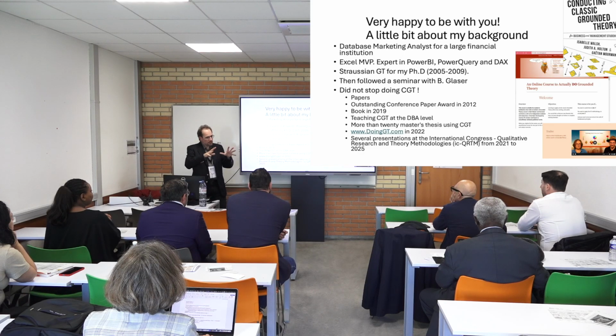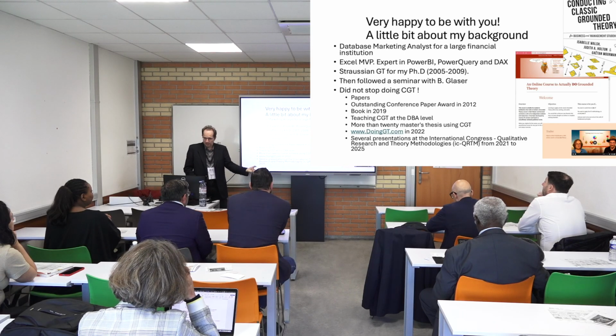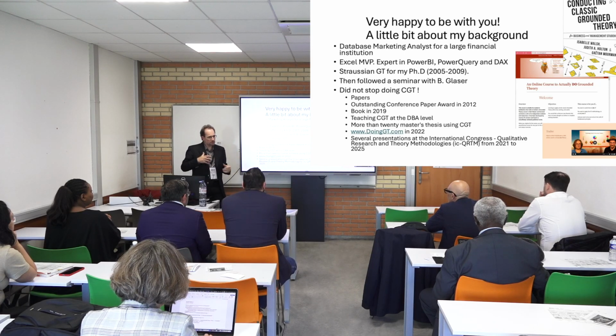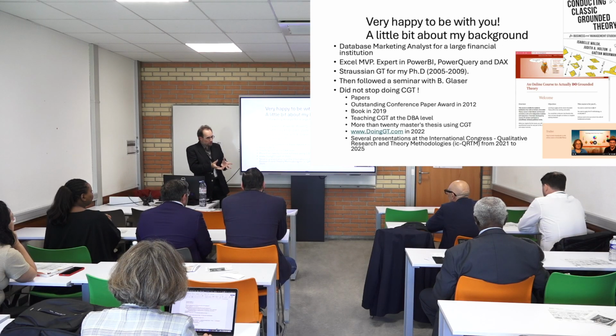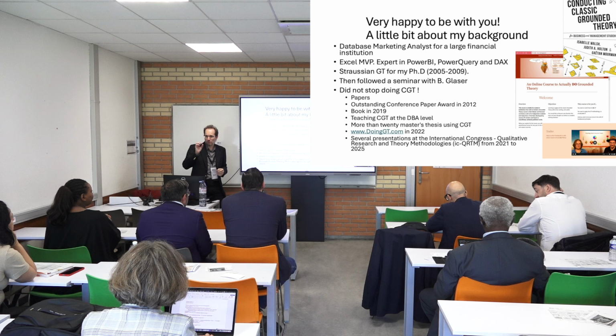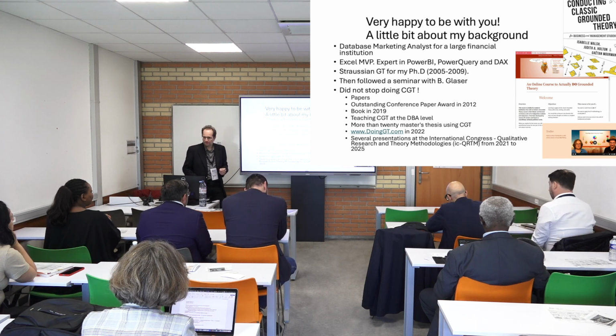So grounded theory can be applied to both at the same time. Clear for everyone? The exercise we're going to do here will be more dedicated to qualitative data, but you can do something extremely similar using quantitative data. And if you go back to the initial book of 1967, there is a chapter on quantitative grounded theory. Okay for everyone?